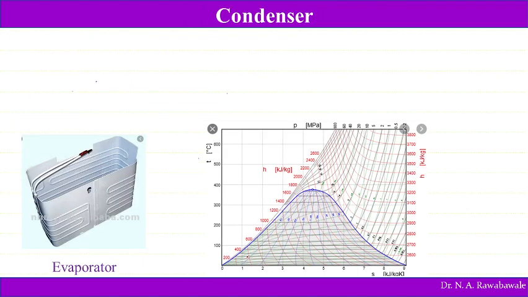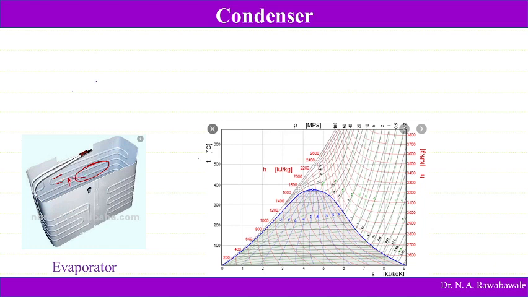So after that it enters into the evaporator device. The evaporator is nothing but a tubular section which absorbs heat energy from the space to be cooled. So this is the space to be cooled. Heat energy is taken by the refrigerant passing through these tubes. So these are the tubes of the evaporator, and the liquid refrigerant entering these tubes gets converted into vapor, or the wet refrigerant gets converted into refrigerant having a higher dryness fraction.